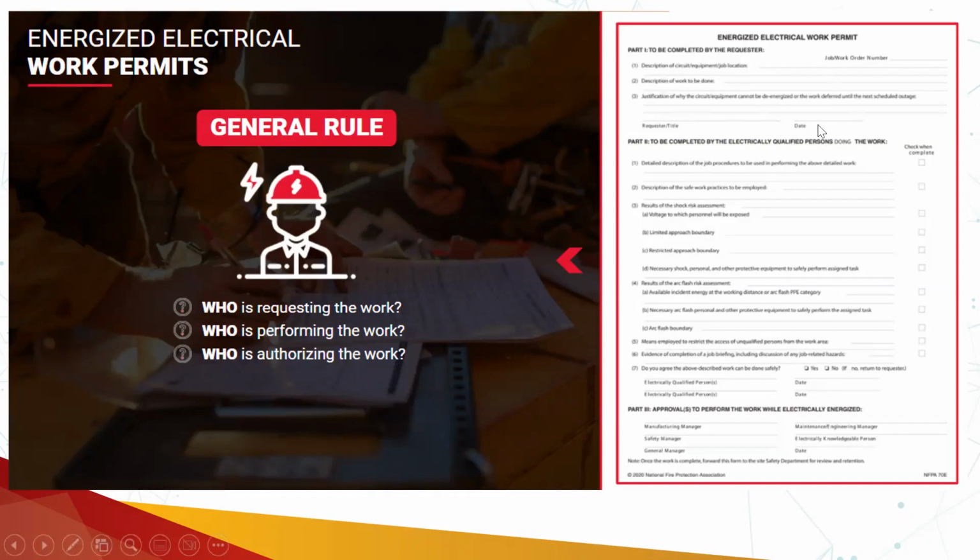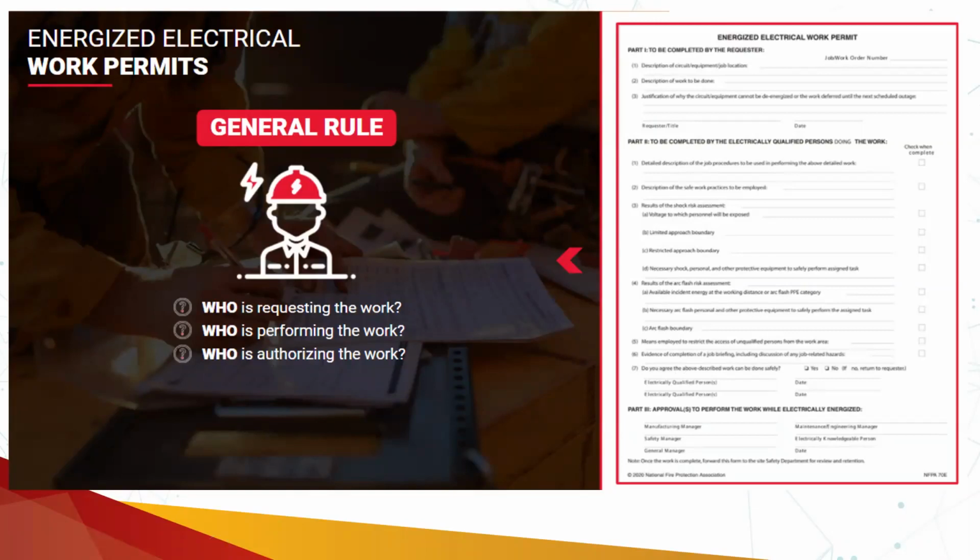Part number one is about who is requesting the work: the maintenance manager, production manager, or any other department or facility manager. Who is performing the work? The qualified person himself. Who is authorizing the work? Someone at the next or higher level in the hierarchy than the qualified person.